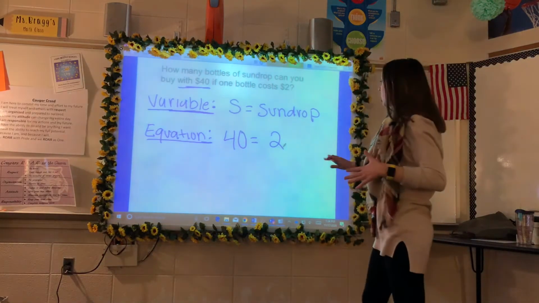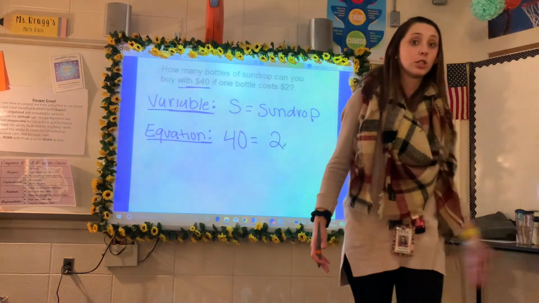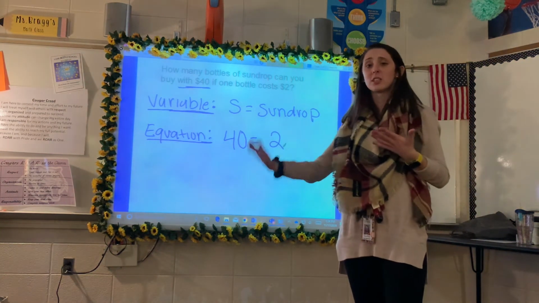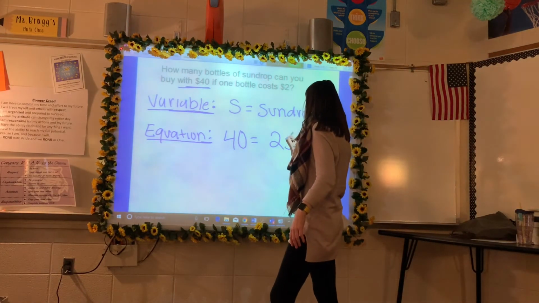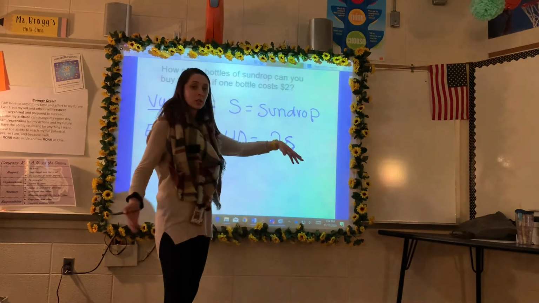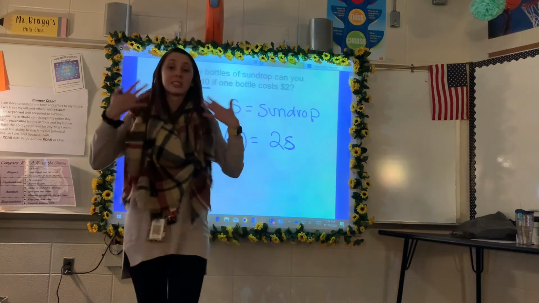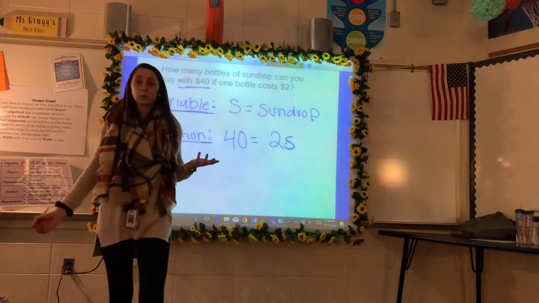Now, you could do 2 plus 2 plus 2 and so on until you get to 40, because that represents every time you buy a Sundrop. Or you could just do 2S. And then you could do process of elimination. So you could do 2 times 4, 2 times 8, and plug in numbers for that variable using substitution, okay? So this is our equation, 40 equals 2S.